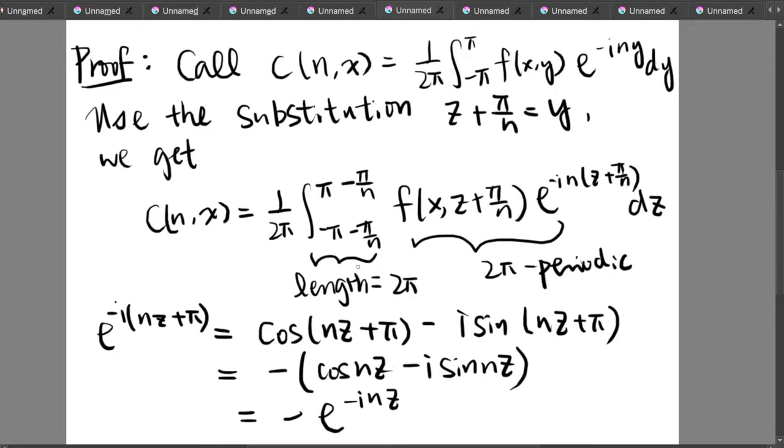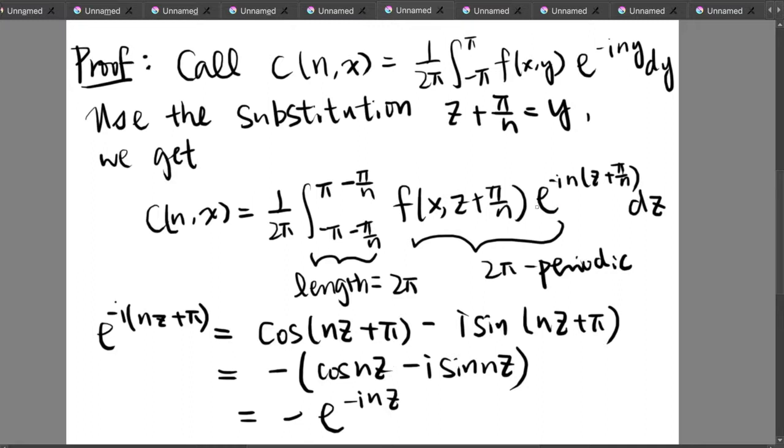And notice that this interval has length 2 pi, and this function is periodic with respect to z. Therefore, this interval can be replaced by the interval from negative pi up to pi.